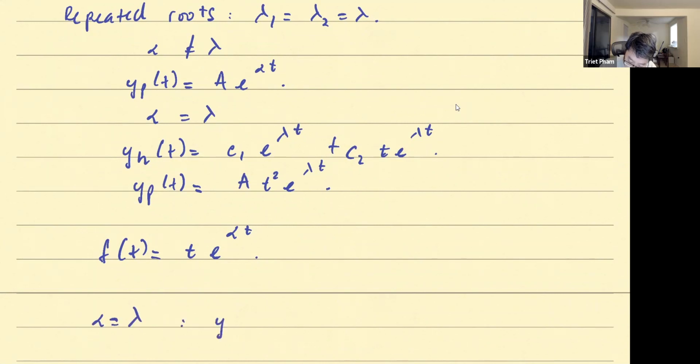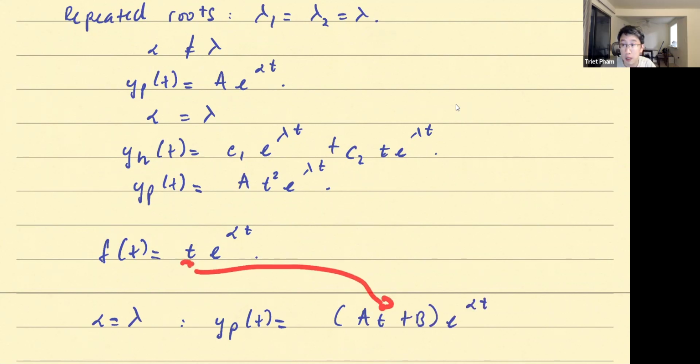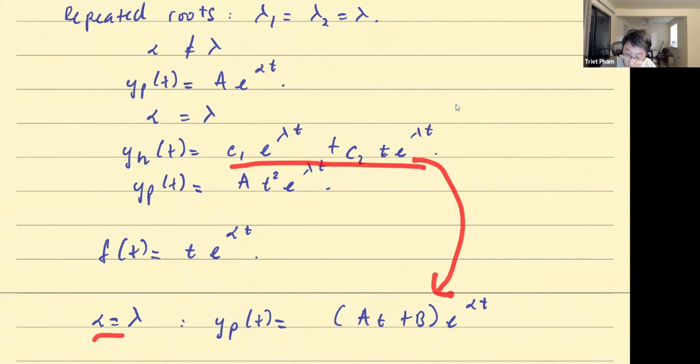Then your guess must first be (at plus b) e to alpha t, to address the fact that there's a t term here, matching it with a general linear function. But because the homogeneous solution is like this and alpha is equal to lambda, you must multiply with the smallest power of t to make none of the components coincide with the homogeneous solution.